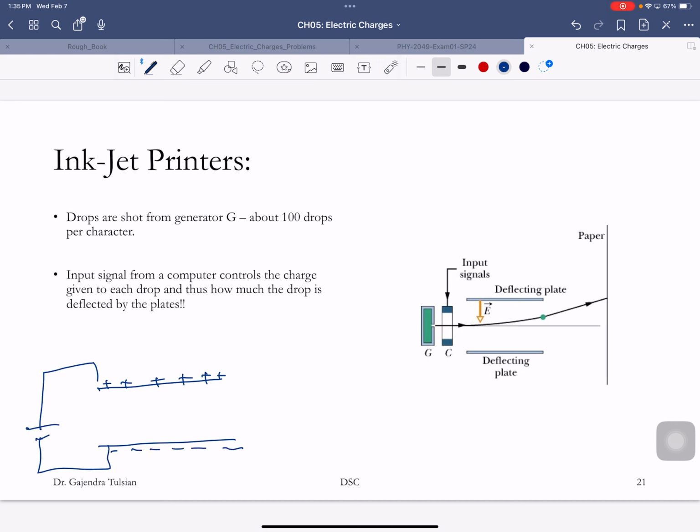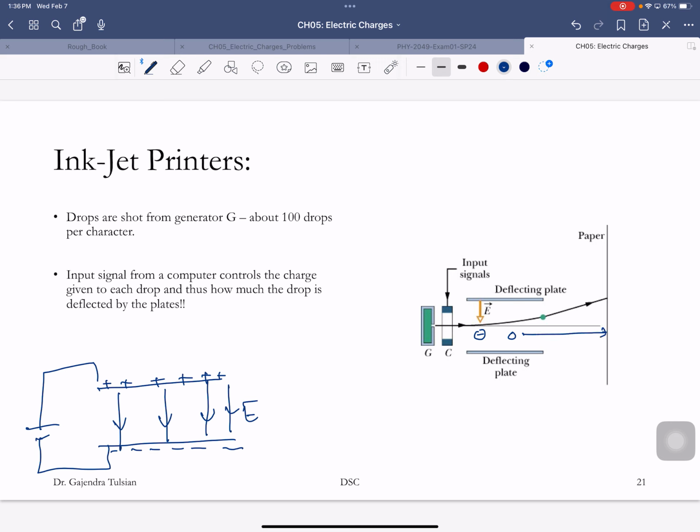Then it'll create a uniform electric field like this. If an ink drop has a negative charge, it gets deflected like so. If an ink drop has no charge, it goes straight.